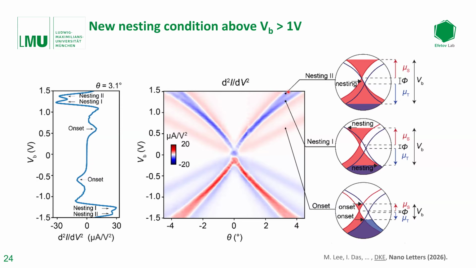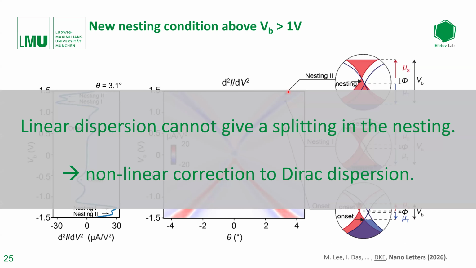So here we scratched our heads a little bit about where this could come from, but the main point here is that a nonlinearity in principle could produce such a feature.